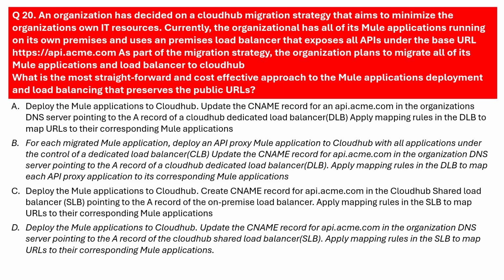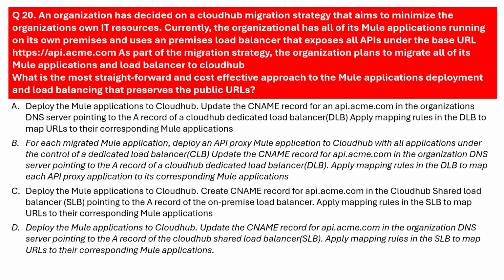What is the most straightforward and cost-effective approach to the Mule applications deployment and load balancing that preserves the public URLs? A. Deploy the Mule applications to CloudHub. Update the name record for api.acme.com in the organization's DNS server pointing to the A record of a CloudHub dedicated load balancer, DLB. Apply mapping rules in the DLB to map URLs to their corresponding Mule applications.